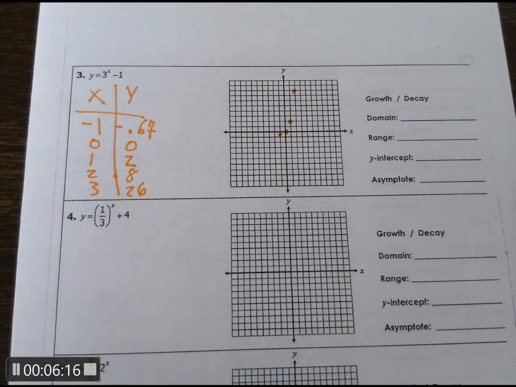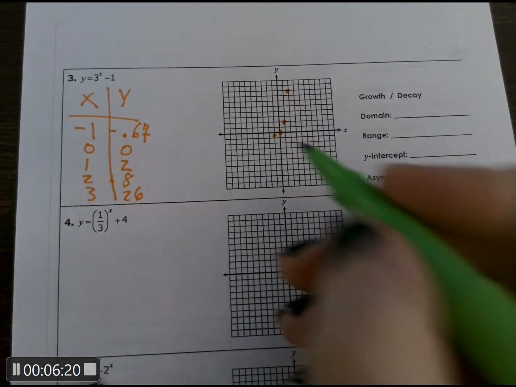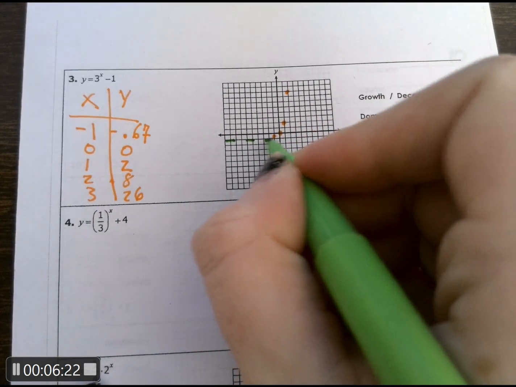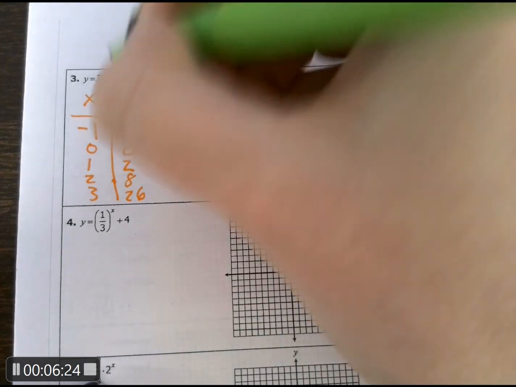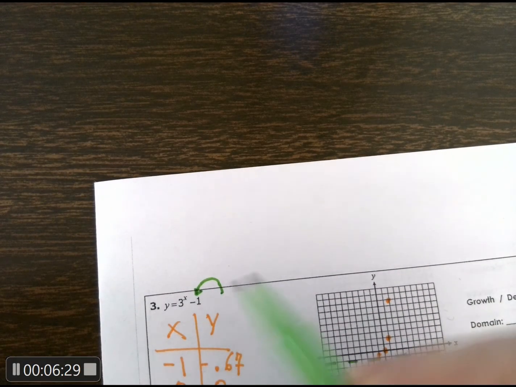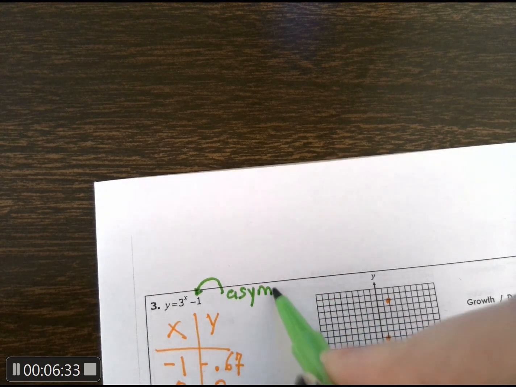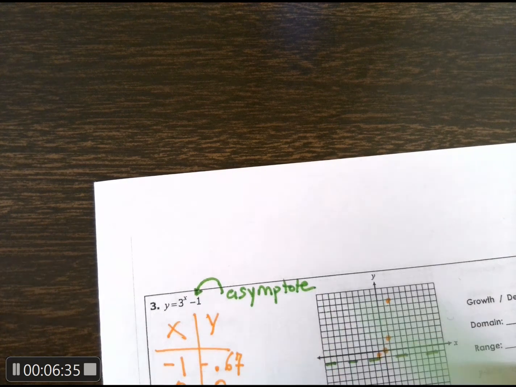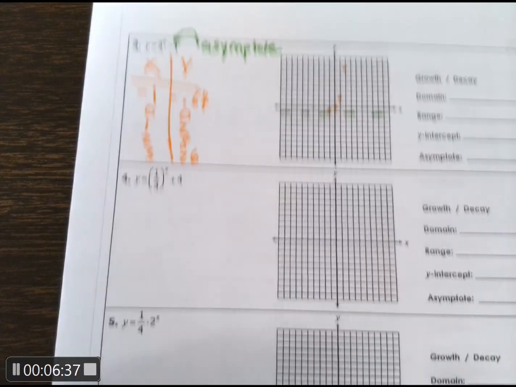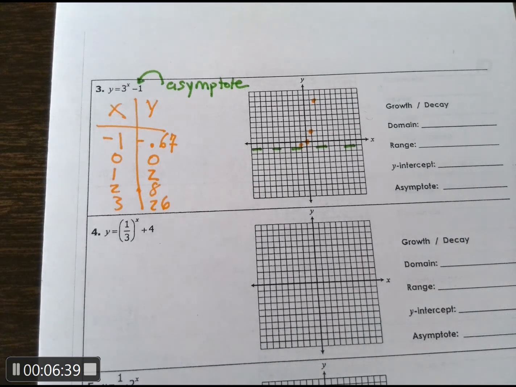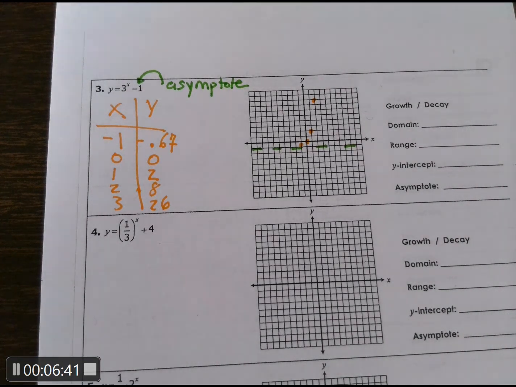So now, what is my asymptote? My asymptote is -1, because this, whoops, my hand is all up in the way, because this value is our asymptote. Okay? Alrighty. And so now we can connect our dots.